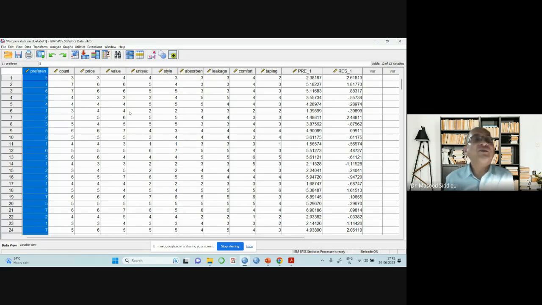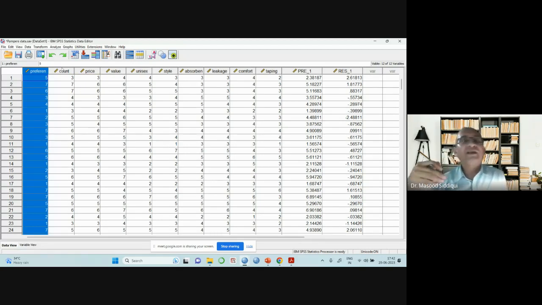In the same way, suppose some mother buy a diaper because of count and price. So if count and price are reasonable, that mother will be giving high score to y. Otherwise, it will be giving low score to y. Means one reason of this variation in y is because of these factors, that is known as because of the regression model. So this type of variation is known as explained variation because it has been explained through the model.